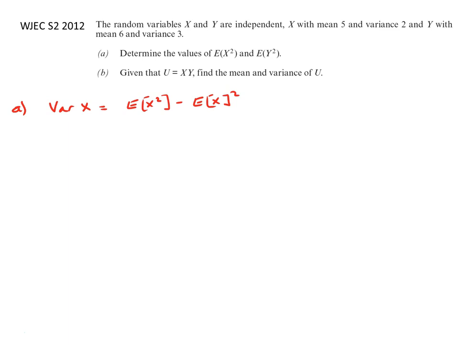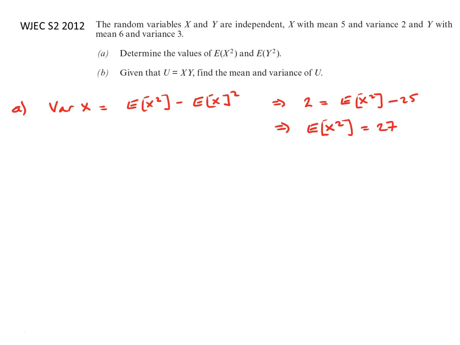So for x, we know that the variance of x is 2, and that must equal the expected value of x squared take away 5 squared. That's the expected value, or the mean, of x squared, which tells us that the expected value of x squared must be 27.